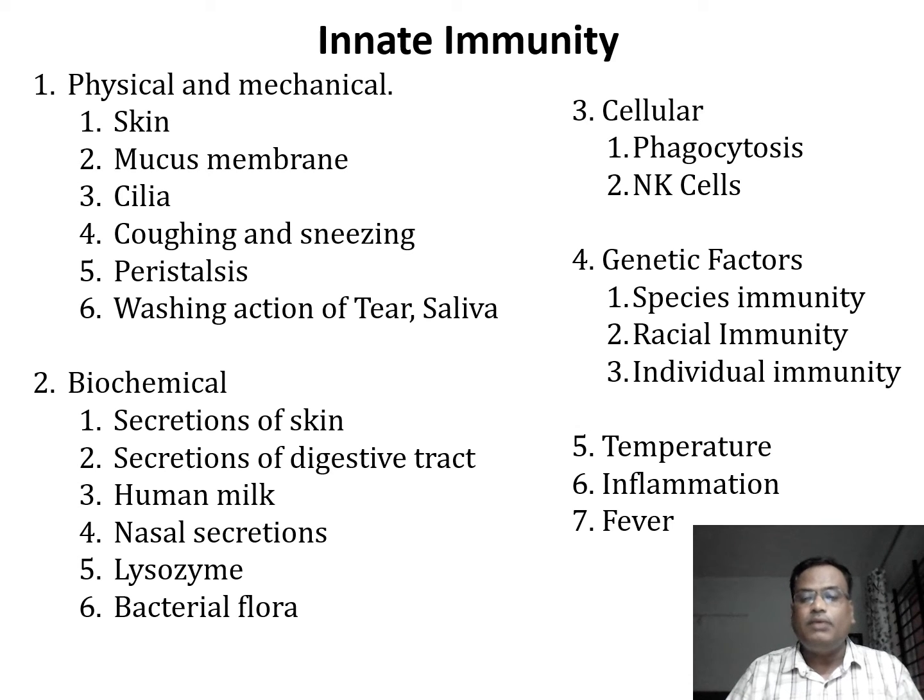Now, temperature, inflammation and fever: these three things you have to understand very clearly. Whenever an infection occurs, the body temperature increases. This increase in body temperature is actually a defense mechanism.